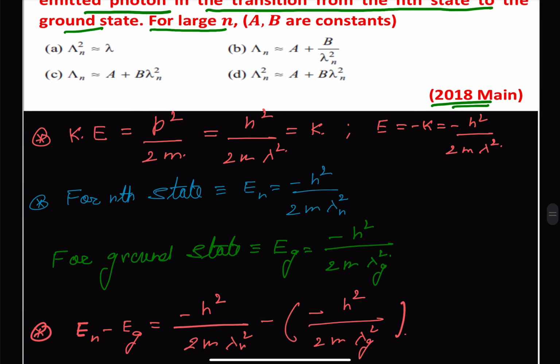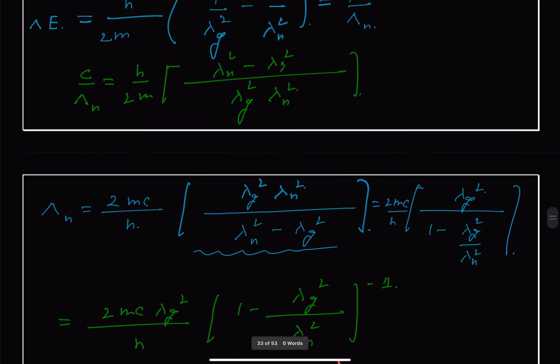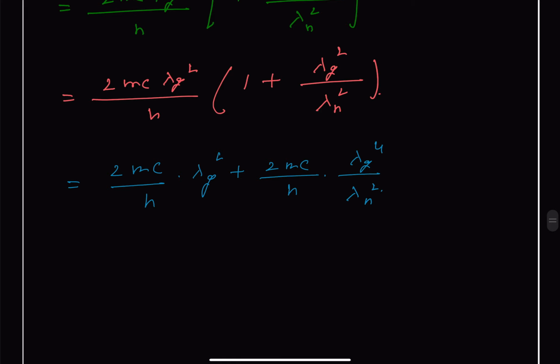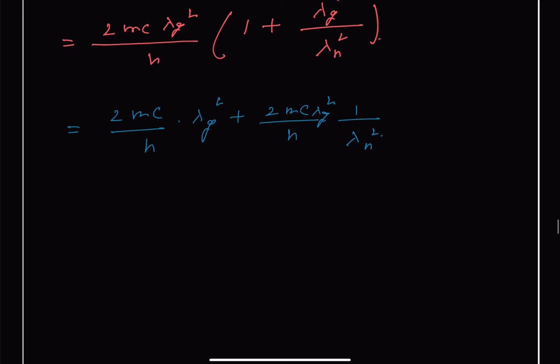Okay, everything is in terms of lambda n. So let me club this part also. We can write this as a plus b times 1 upon lambda n square.